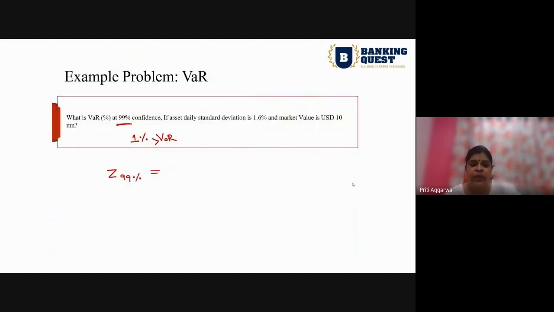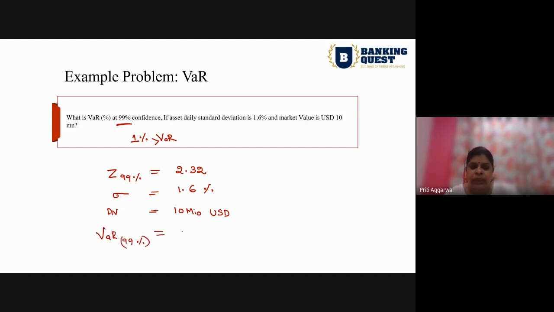So how do we calculate it? What is known to me? So the Z score is 2.32, right? Standard deviation given to you is 1.6%. Your asset value is 10 million USD, right? So how will I calculate my VAR at 99% confidence?